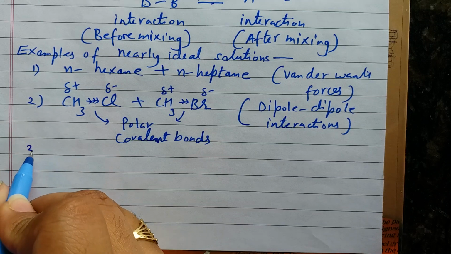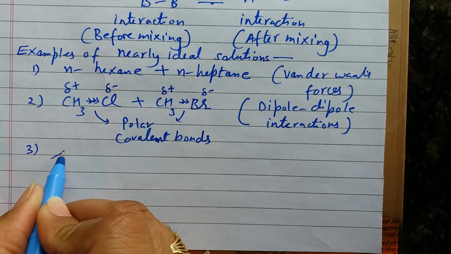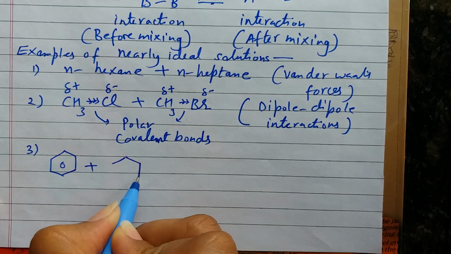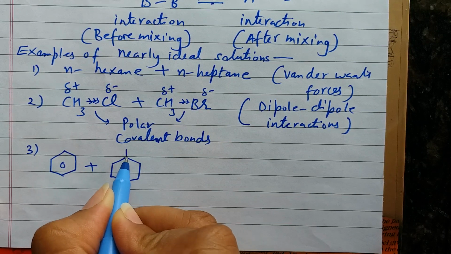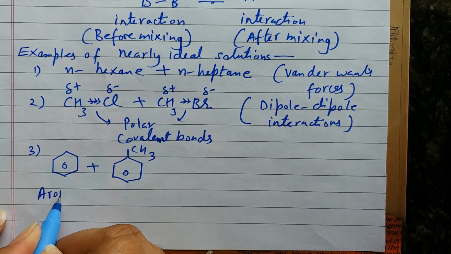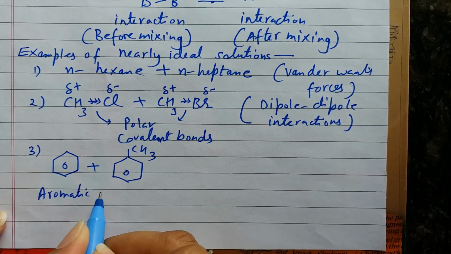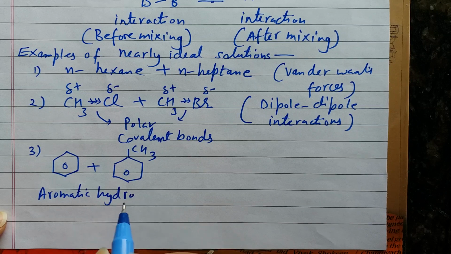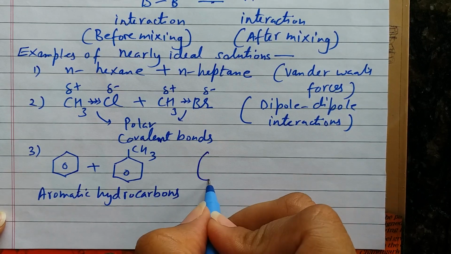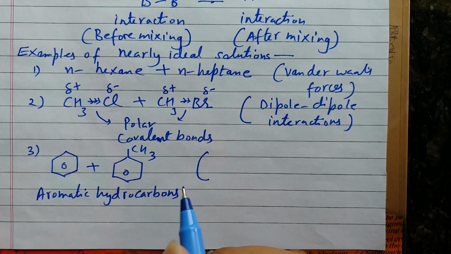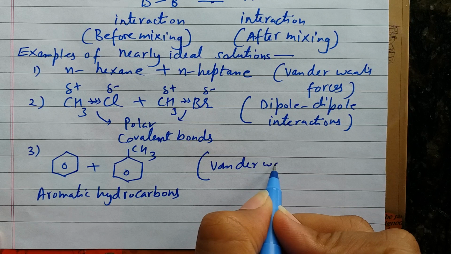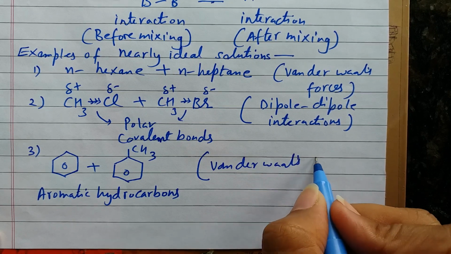One more example that can be considered is that of benzene mixed with toluene. When benzene is mixed with toluene, both these compounds are what? Both these compounds are aromatic hydrocarbons. If you talk about the type of interactions, there is not much difference. Here also the type of interactions possible are the van der Waals forces, because there is no charge separation.